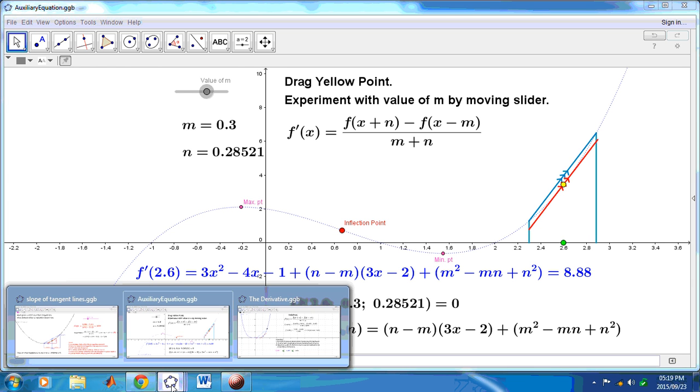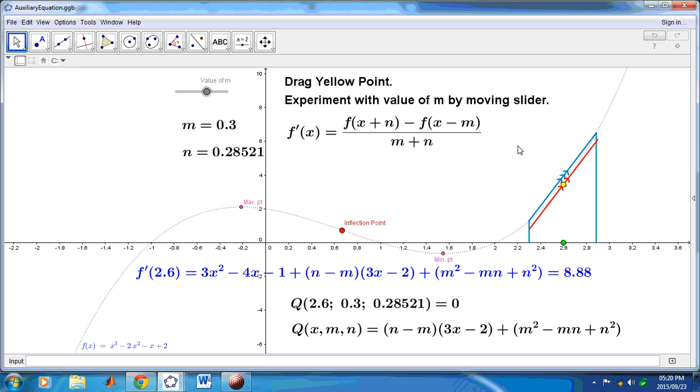Okay, and so those three applets give us an idea now about this basic definition of the derivative in the new calculus. Notice there are no limits. M plus n is never 0, although after the difference quotient is simplified, it can be 0, or it can be one of infinitely many other pairs.